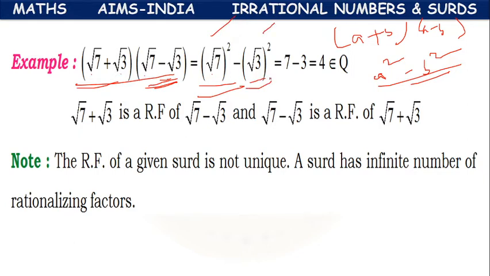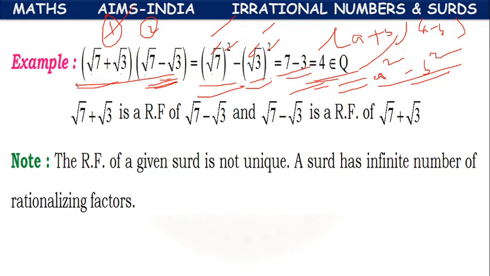The square root and square cancel, giving 7 minus 3, which equals 4, a rational number. We multiplied the first surd and the second surd, and the product is a rational number.